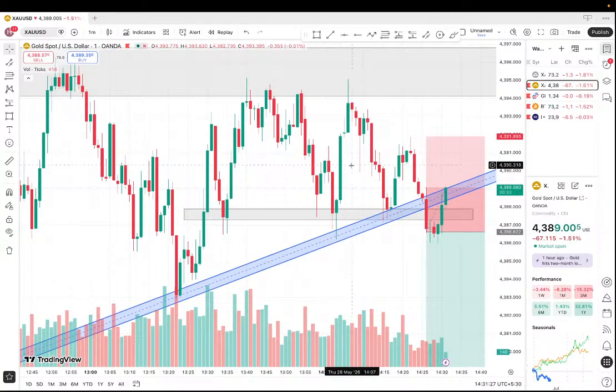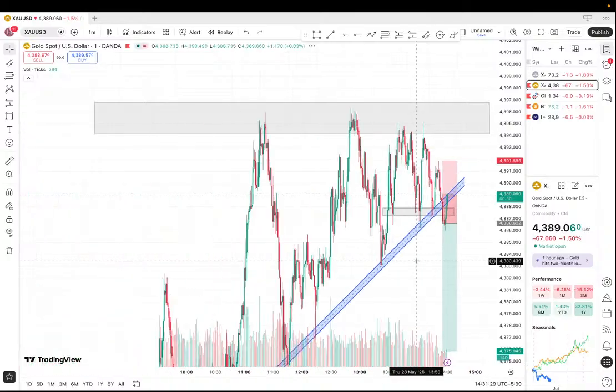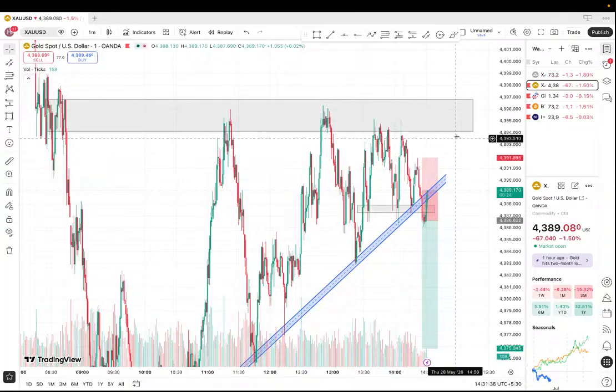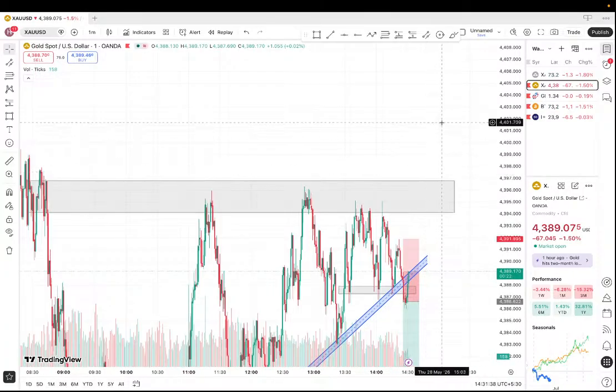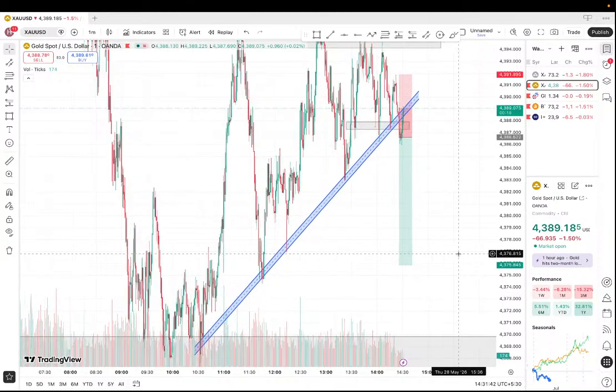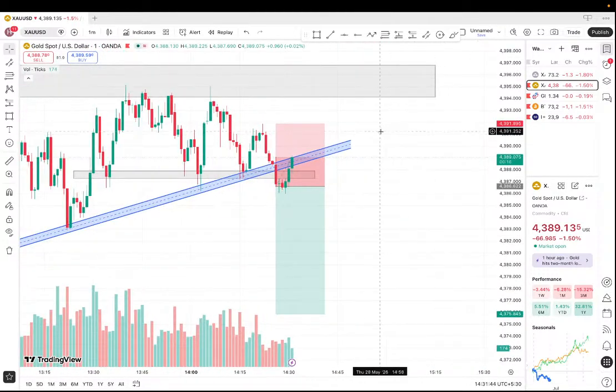So yeah, I'm completely okay with that. Or it can go completely against us. But we are still prepared for this, that it might go up like this, take this liquidity, go a bit up, and then come down and give a strong move. And if it comes to this level, we'll enter again.